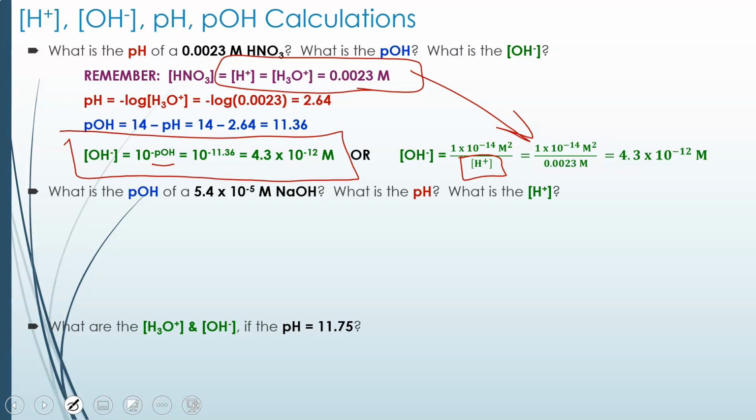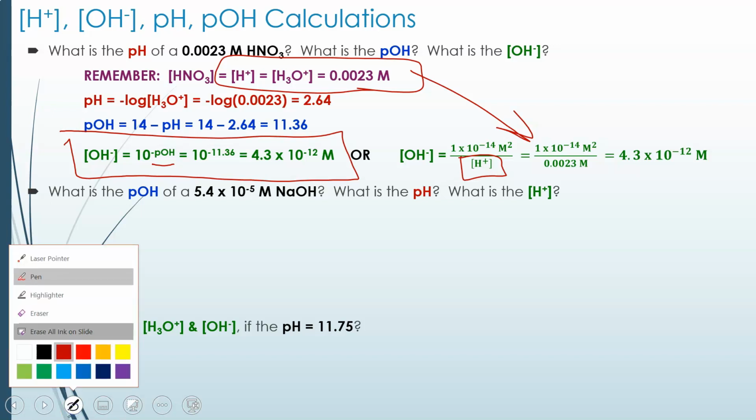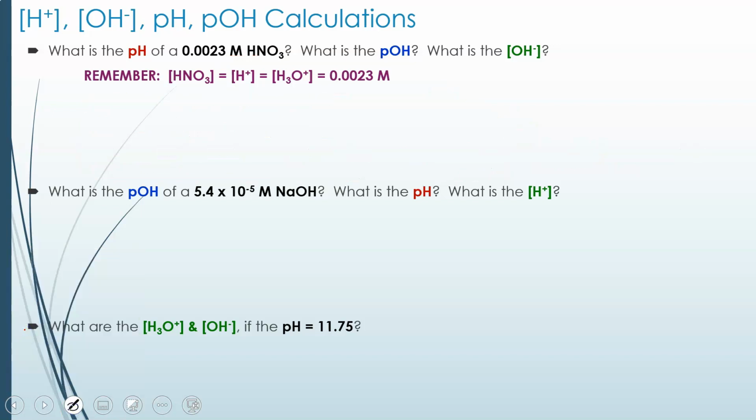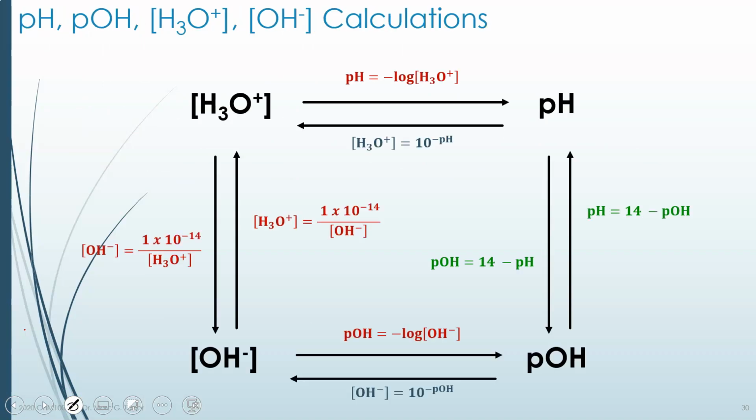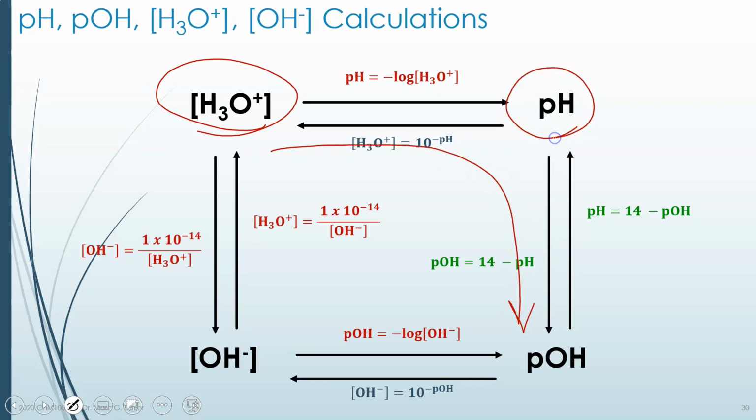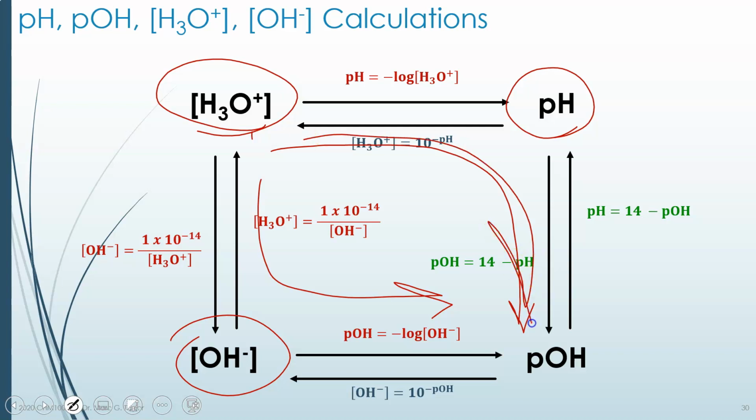So what we've done here, I'm going to erase these notes for just a second and go back one slide. Remember, we started with this value, and at the end you were asked to get to this value. Well, you can either do it by getting to the pH first, or you can do it by getting to the OH minus first. And I showed you both ways, but I highly recommend this version.